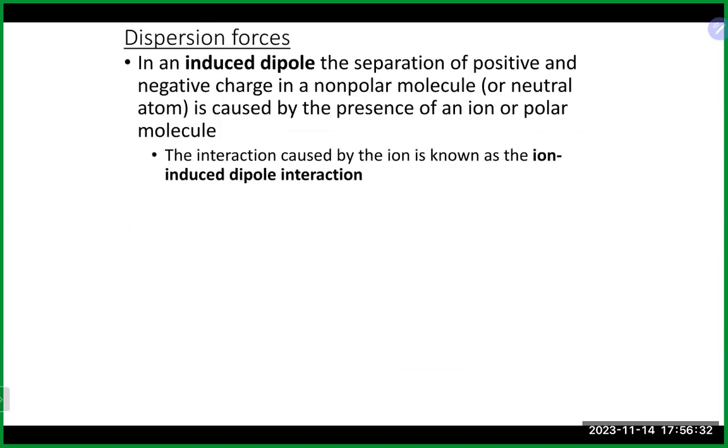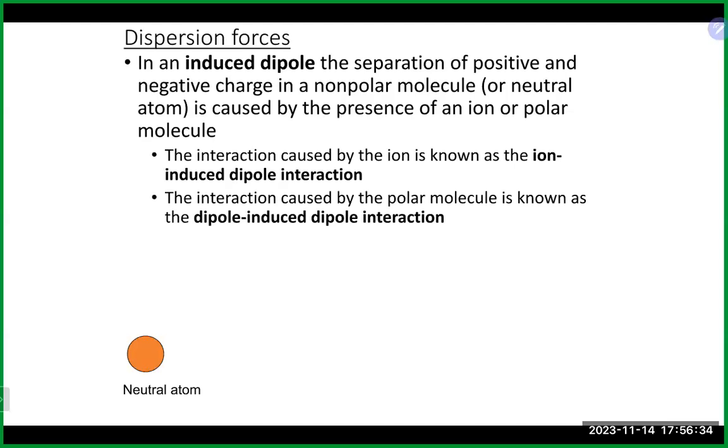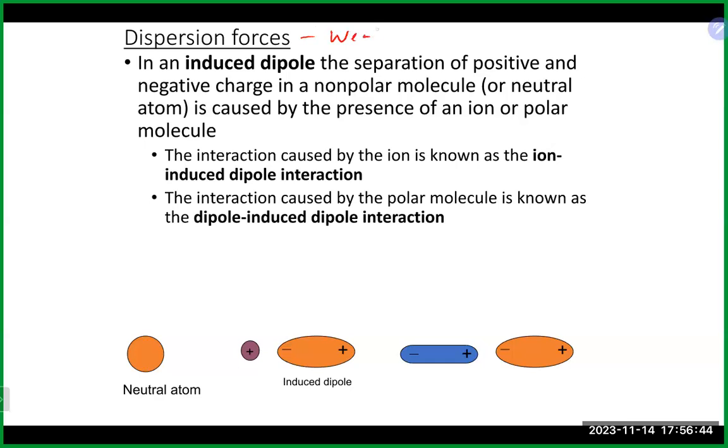Now, dispersion forces are another type of intermolecular force, and they are pretty much your weakest type of force. Dispersion forces are also pretty much your main type of intermolecular force for nonpolar molecules.